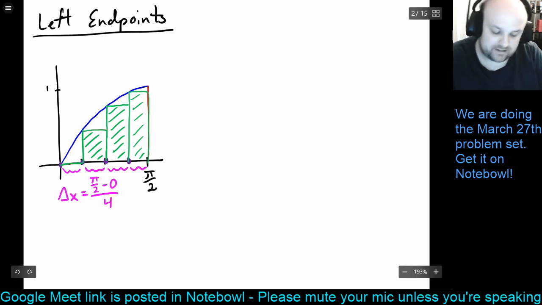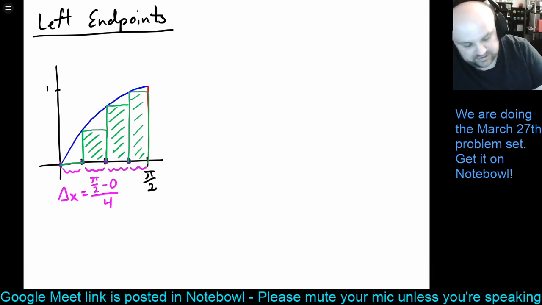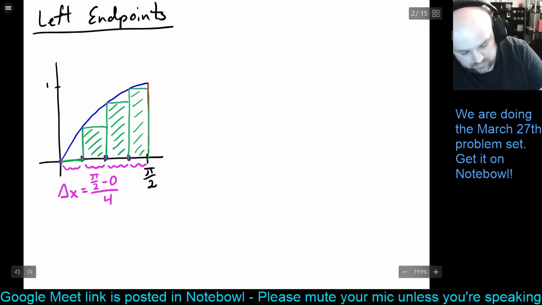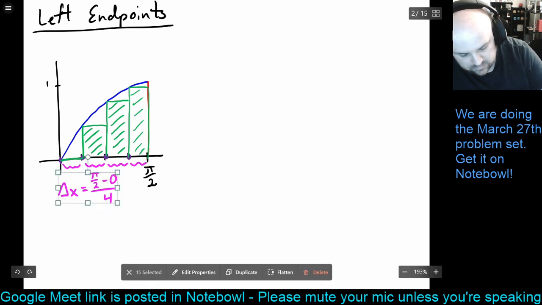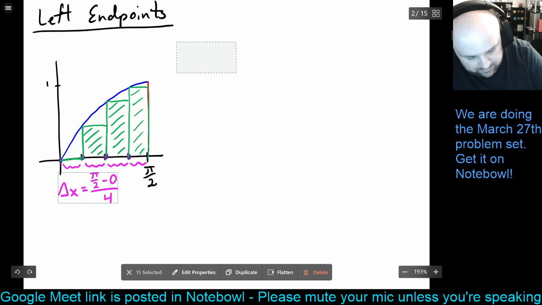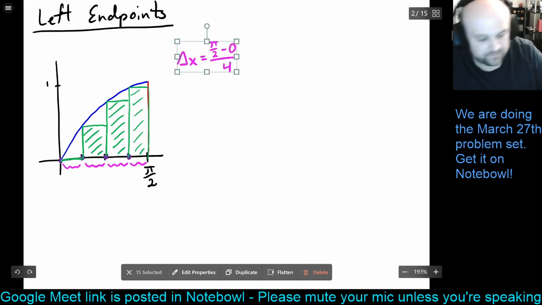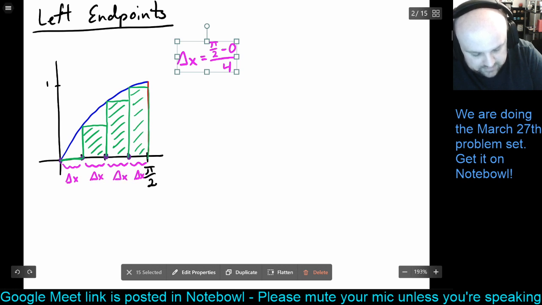We want 4 rectangles. Each of these has width delta x.